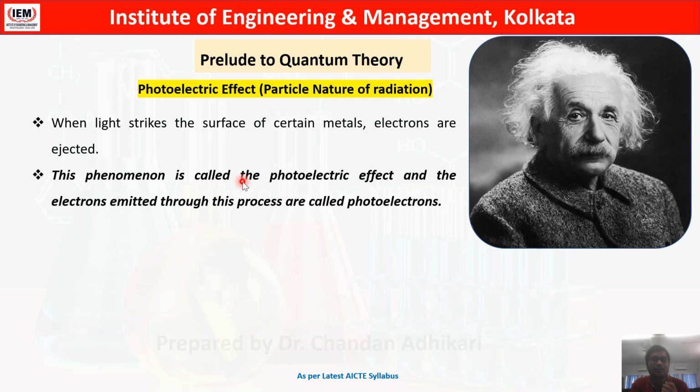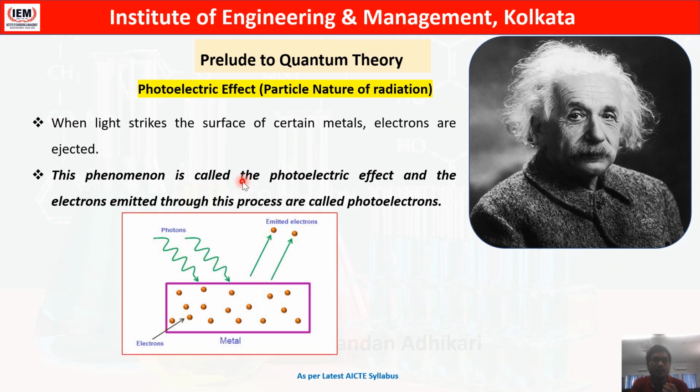So Einstein utilized Max Planck's theory, and he tried to solve this problem by considering that radiation does not only have a wave nature, which was previously explained by various physicists. Einstein also said that it has a particle nature. That means photons of radiation are nothing but energy packets, particles containing a certain amount of energy.